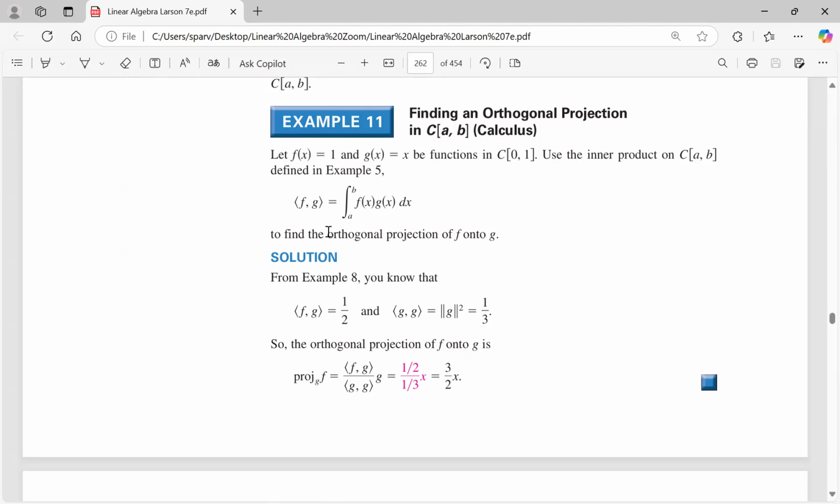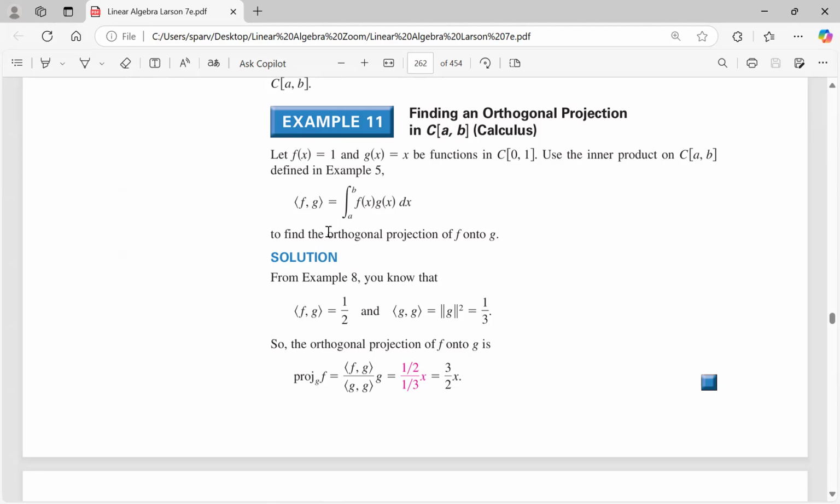Notice we're thinking of that f and g as vectors now, right? The functions as vectors. So I'm writing the formula down that's at the bottom of the page, g comma g. Okay. So we need to find the inner product of f, g.